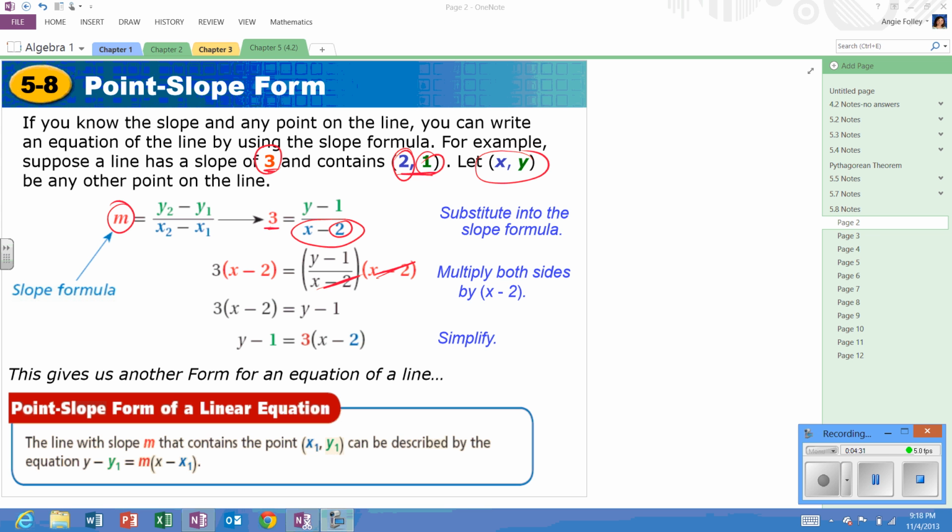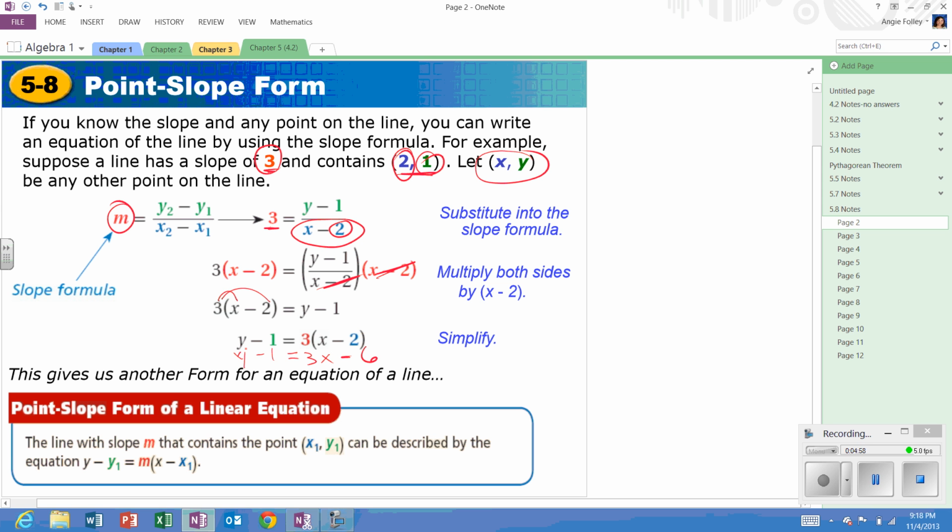And then finally, I'm going to distribute this 3 to all these parts. And when I do that, I'm going to actually get on this side 3x minus 6 and y minus 1. And I could rearrange this and I would end up eventually with the slope-intercept form of an equation.